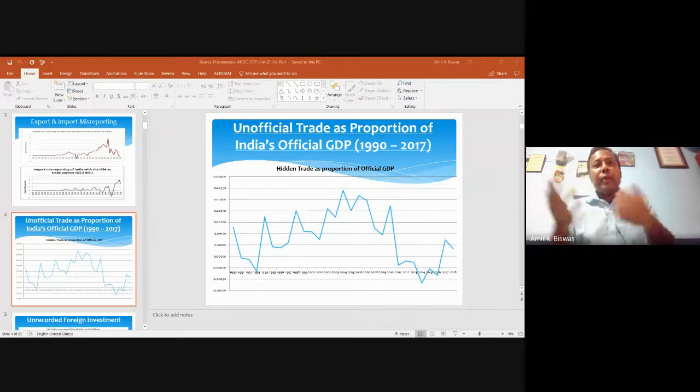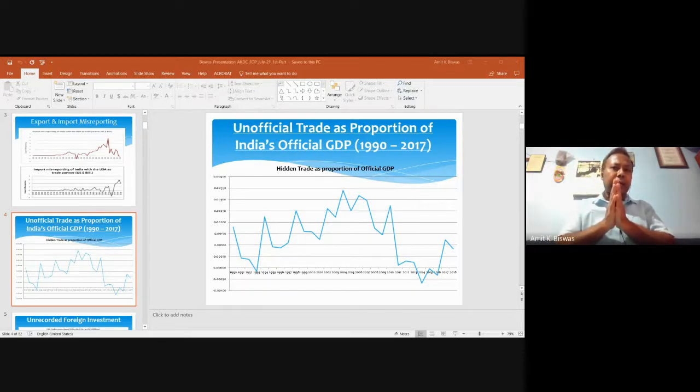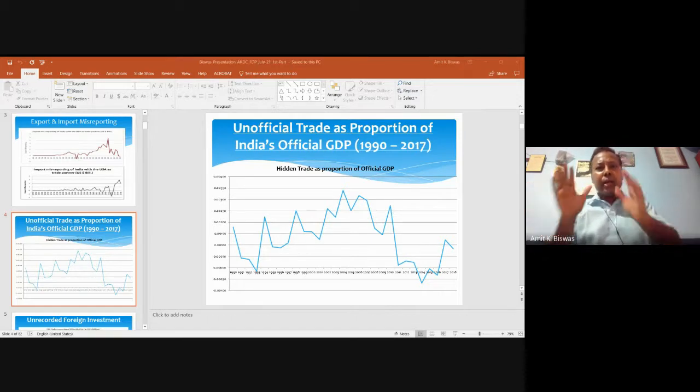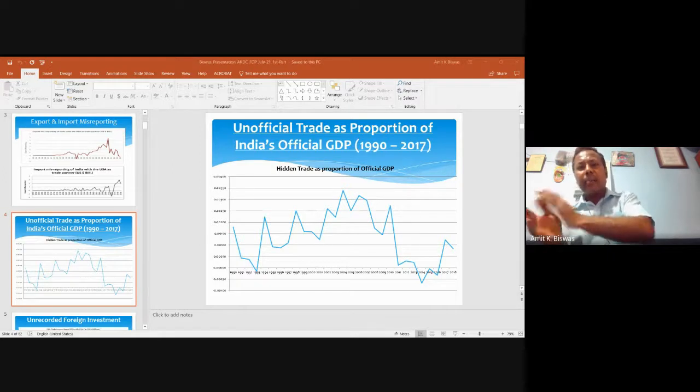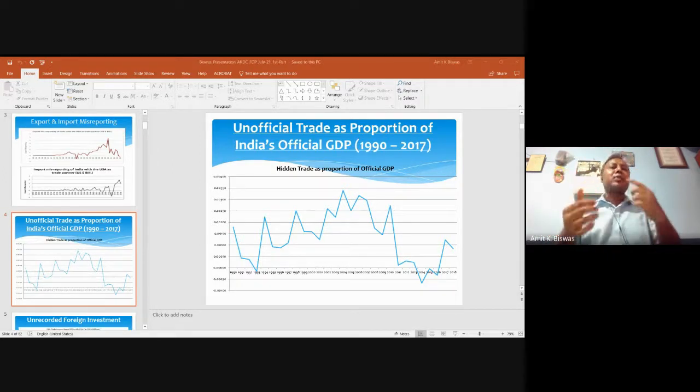From the US data or your trade partners' data, I get what exactly Tanushree and Himadrija are doing in terms of their exports and imports, and from there I calculate X minus M. So the fabricated X minus M and the actual X minus M, that difference is actually affecting this curve, the portion or the percentage which is not going into the official calculation reported by the government of India or the economic survey.